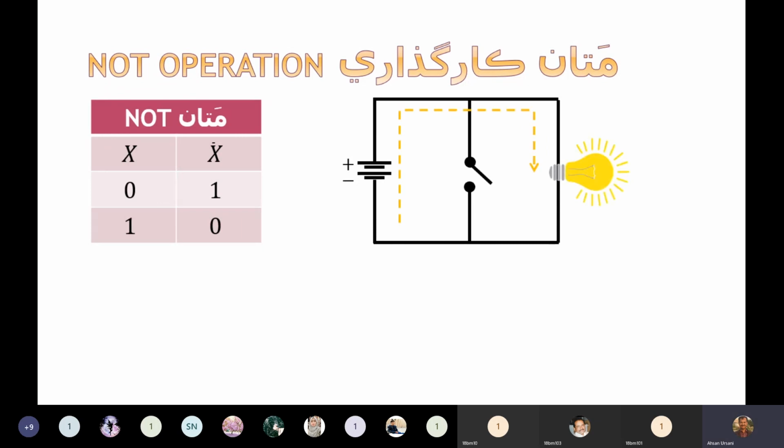When the switch is open, there is no path for current, so current goes to the lamp. But if the switch is closed, it provides the shortest path, the path with smallest resistance. Therefore current goes through this switch and there is no current going to the lamp.